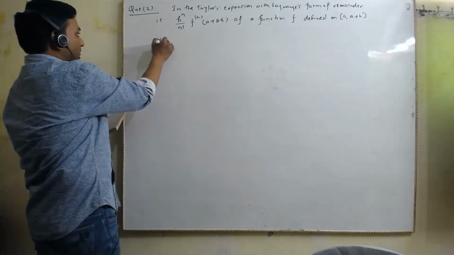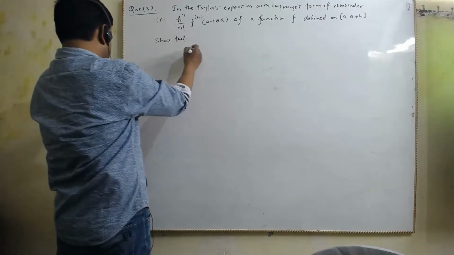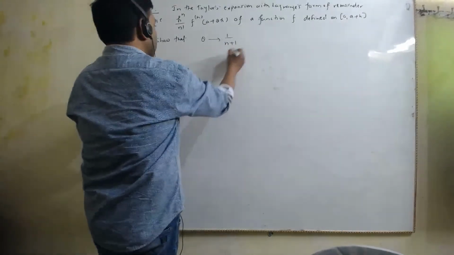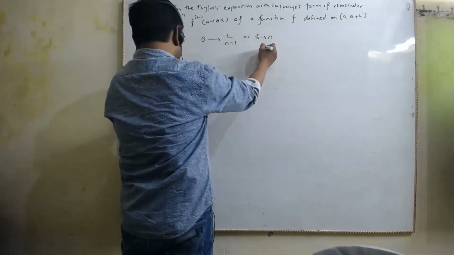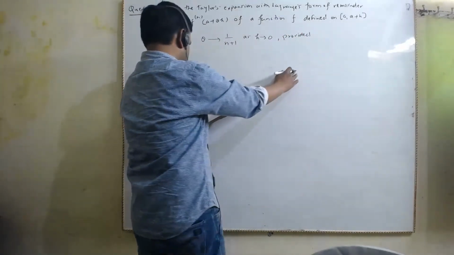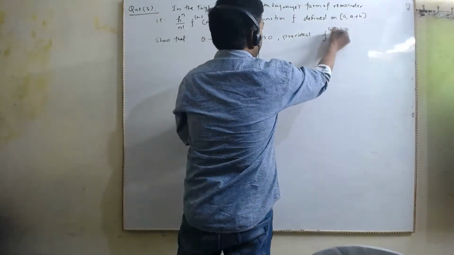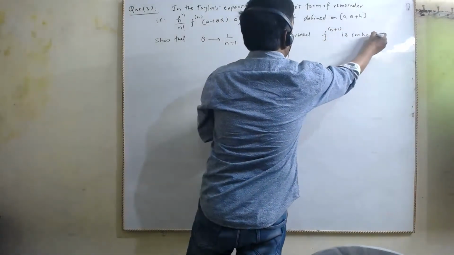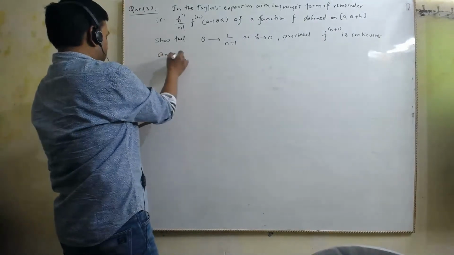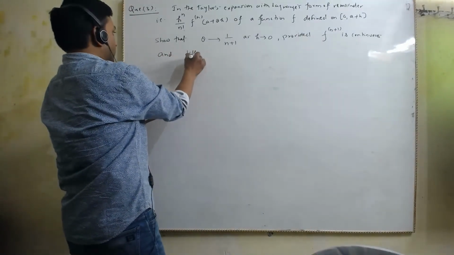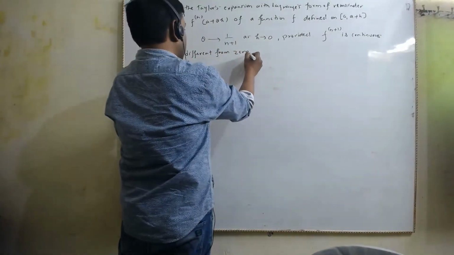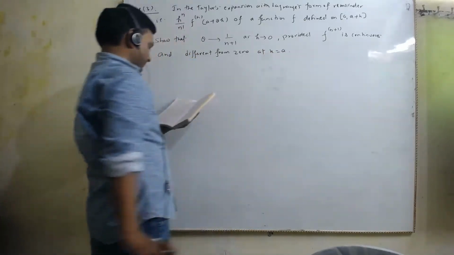And what you have to show? That theta tends to 1 upon n plus 1 as h tends to 0, provided f n plus 1 is continuous and different from 0 at x equals a.